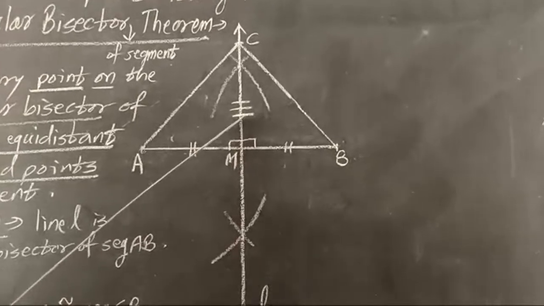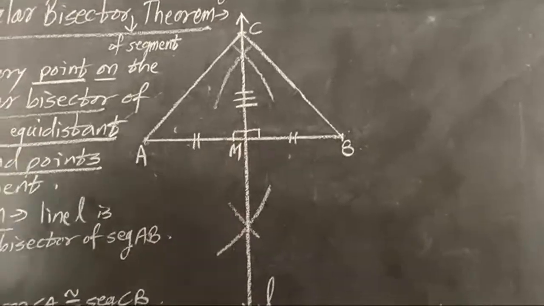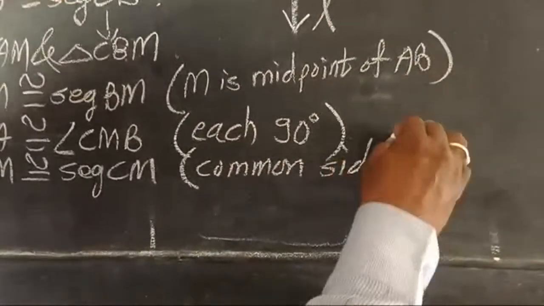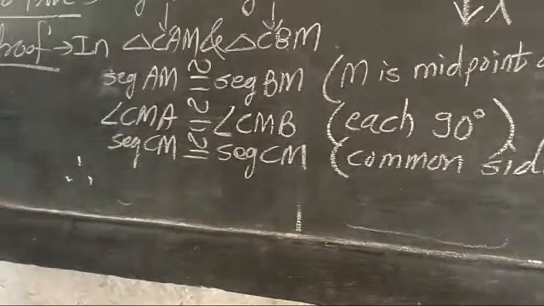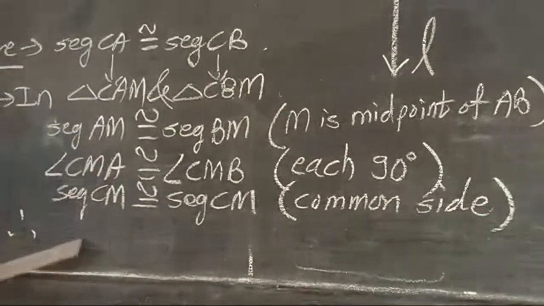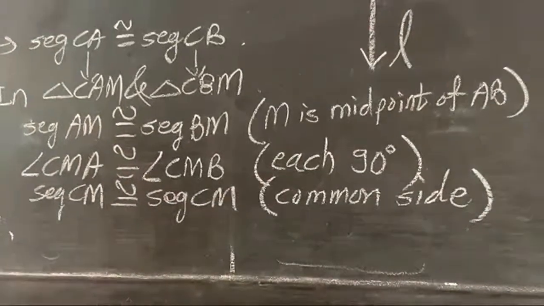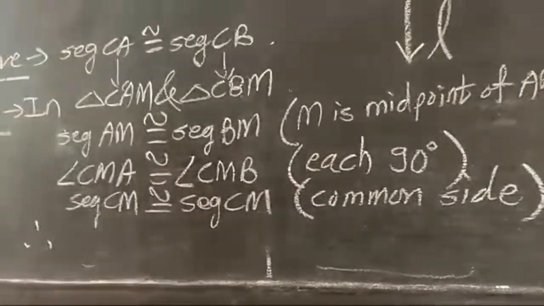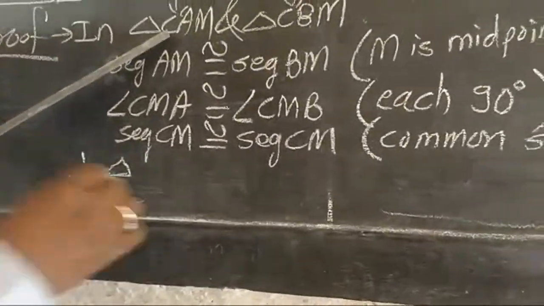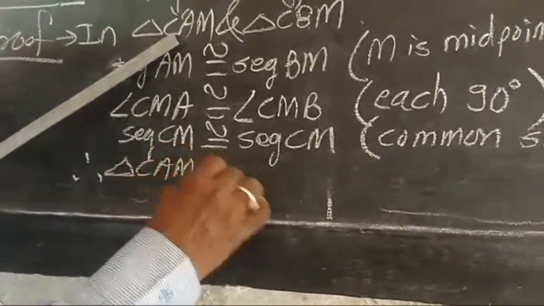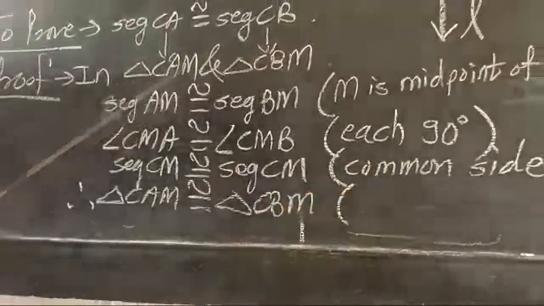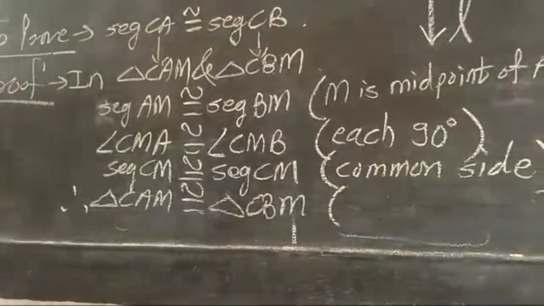Good. This is the common side. We write here common side. And therefore, if three conditions are satisfied, then we can write triangle CAM congruent triangle CBM. Good answer given here.